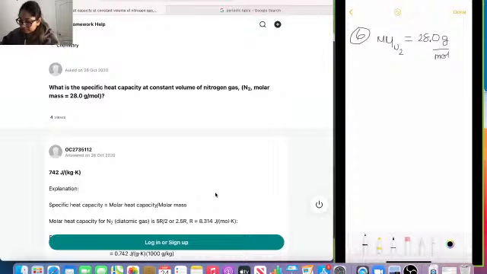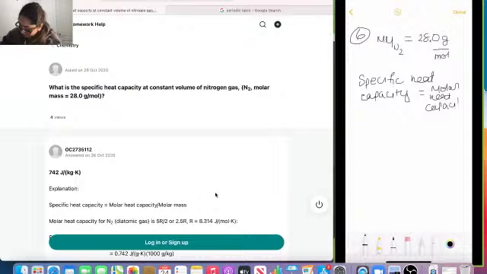So what we can say here is our specific heat capacity is equal to the molar heat capacity over the molar mass.